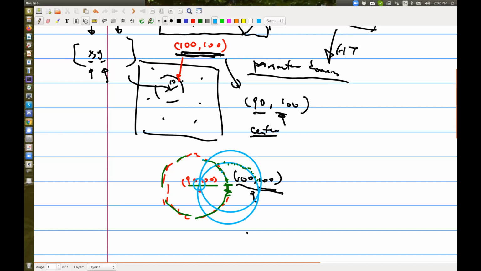Maybe it would be better to illustrate that using something I have somewhere here.